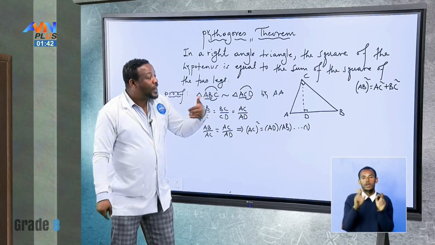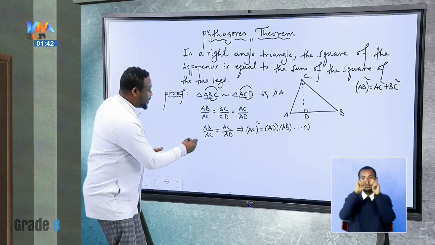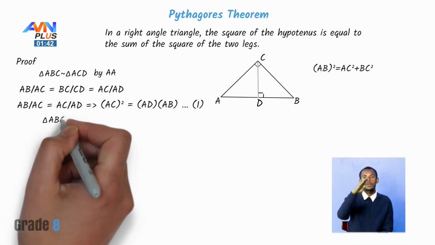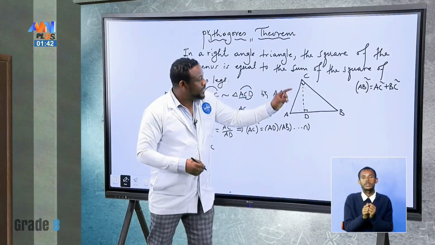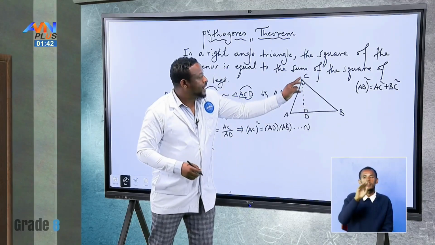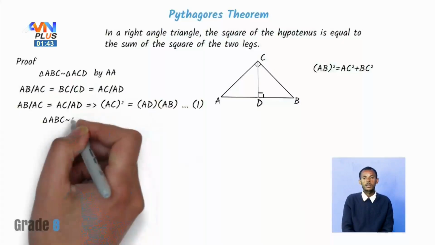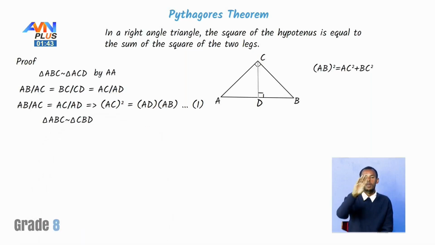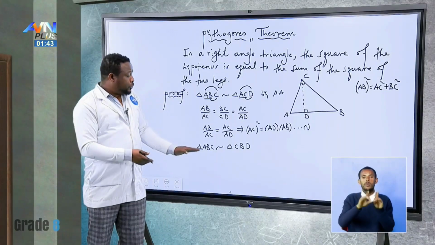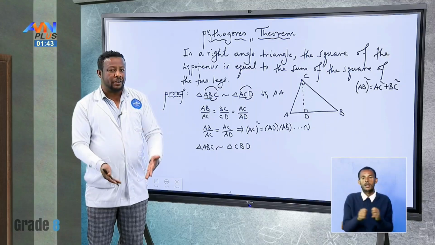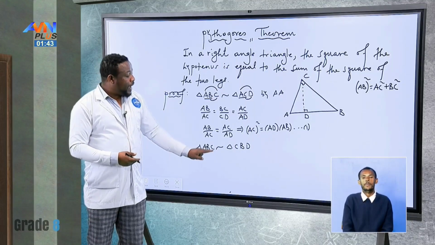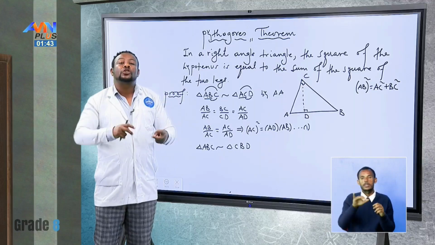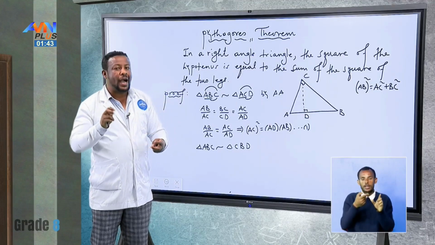Now let's take another triangle. Let's compare triangle ABC with BCD. This is similar to triangle CBD. Why do you think these two triangles are similar? Triangle ABC and triangle CBD are similar because they have two congruent angles.